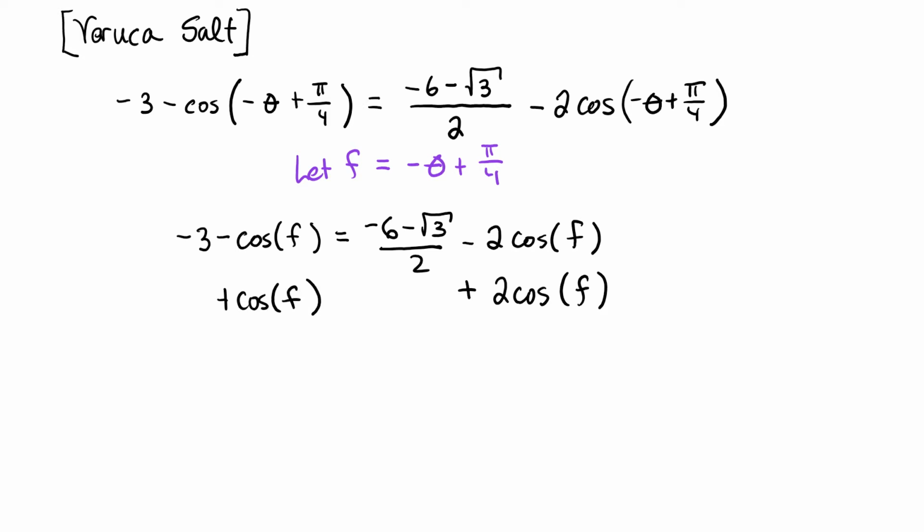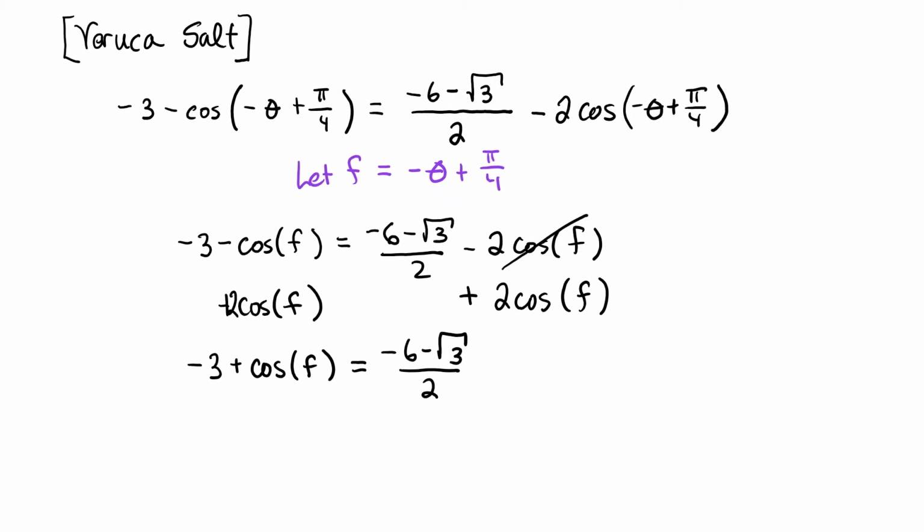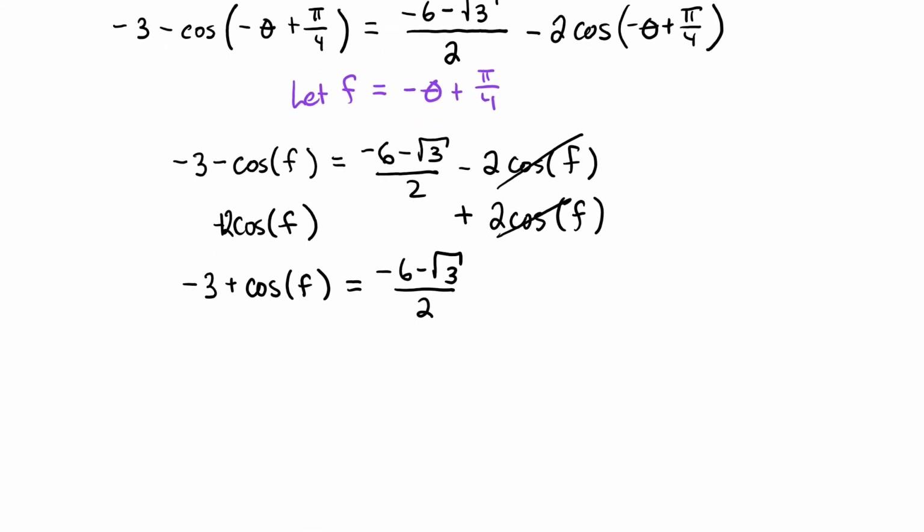And we're going to get -3 plus cosine F equals -6 minus root 3 over 2, dun dun dun. And the -2 cosine F and the 2 cosine F's cancel.